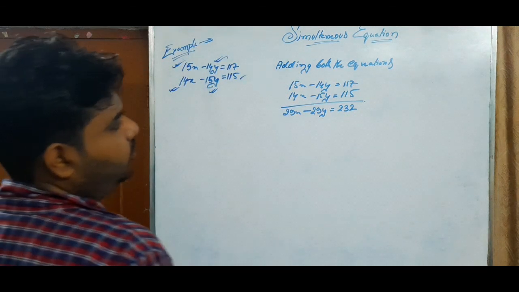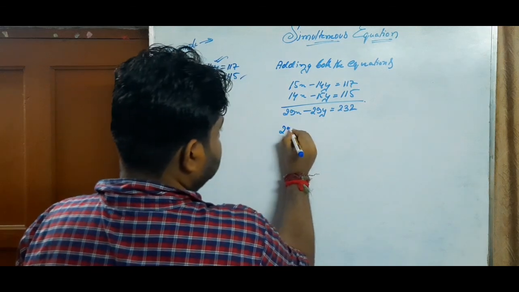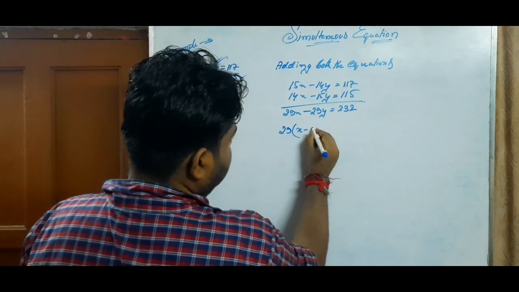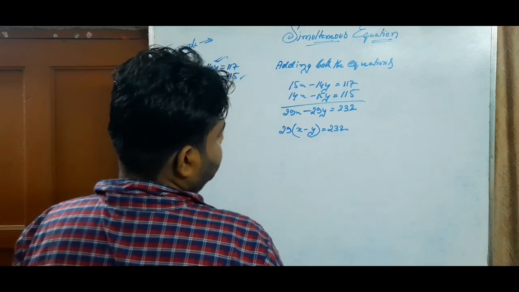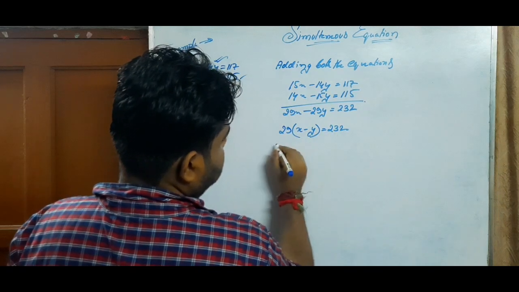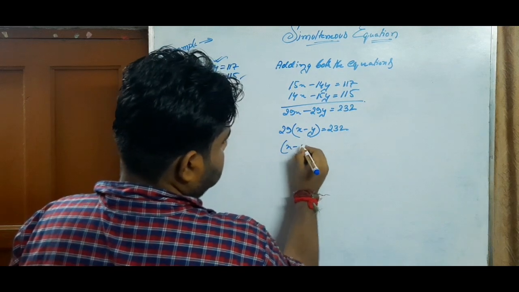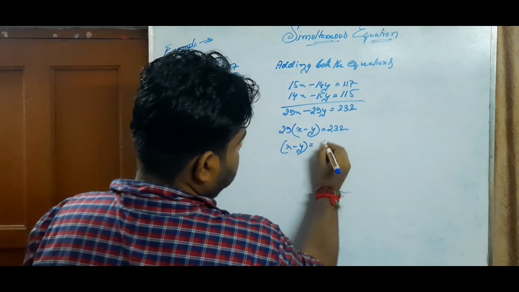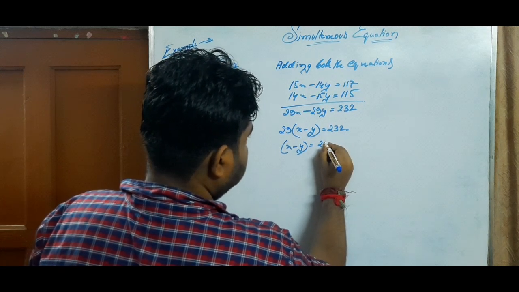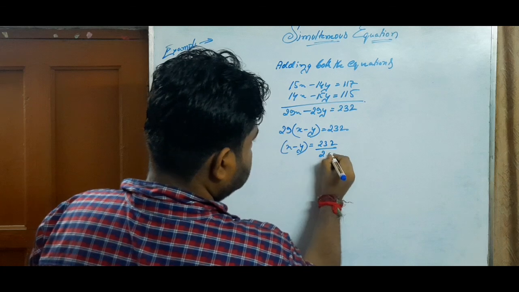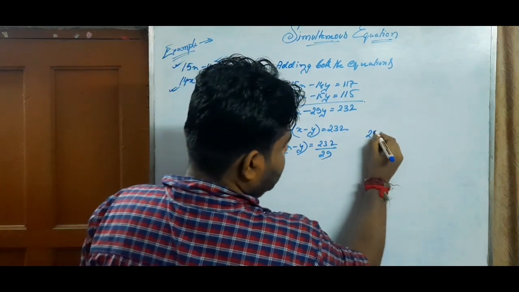Okay, therefore we can write 29, that is x minus y equals to 232 by 29, that is with the help of 8.